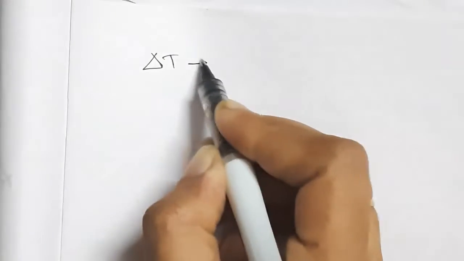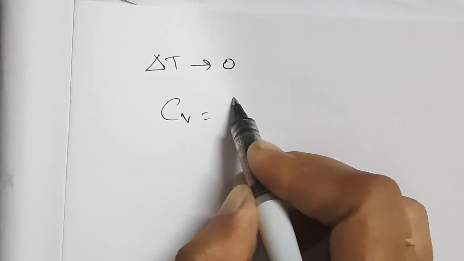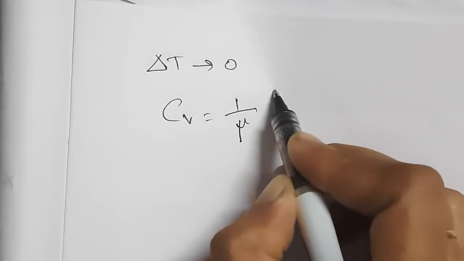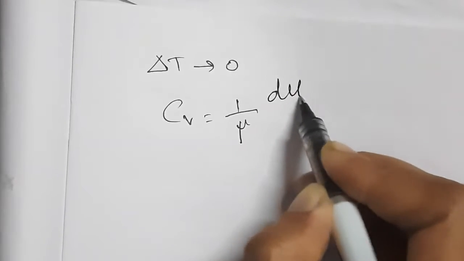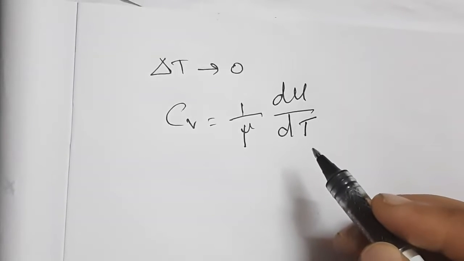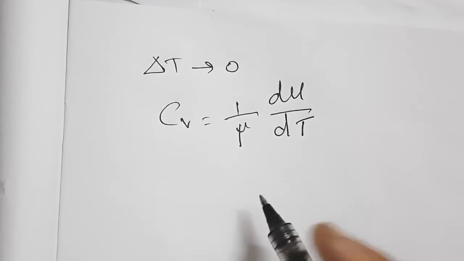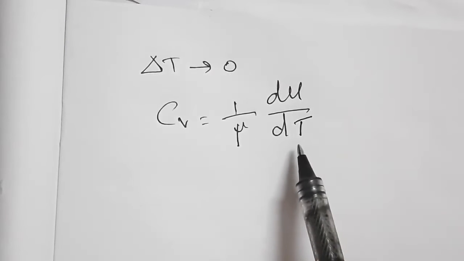If we take the limit delta T tends to 0, we can write Cv is equal to 1 by mu into dU by dT. Since temperature and internal energy are state variables, this relation holds for any process.